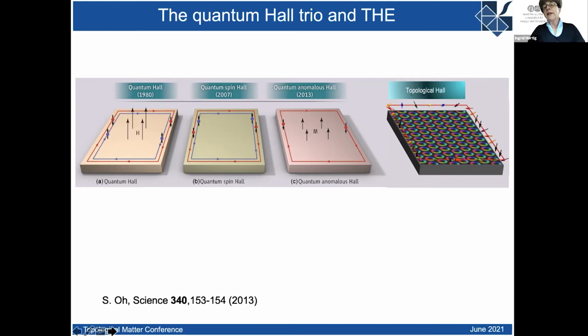So you see that the underlying spin texture is non-collinear, the skyrmion lattice, but also when the electron moves, the electron spin of the edge channel is also non-collinear and is moving in this way over the skyrmion lattice. So you can understand the topological Hall effect as a quantum Hall or quantum anomalous Hall. They are equivalent in this sense.